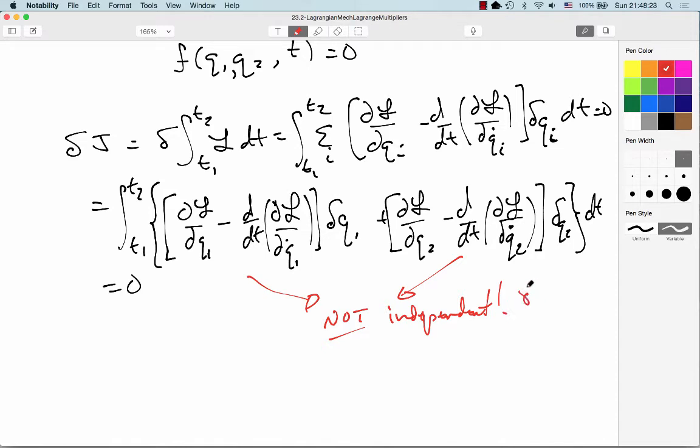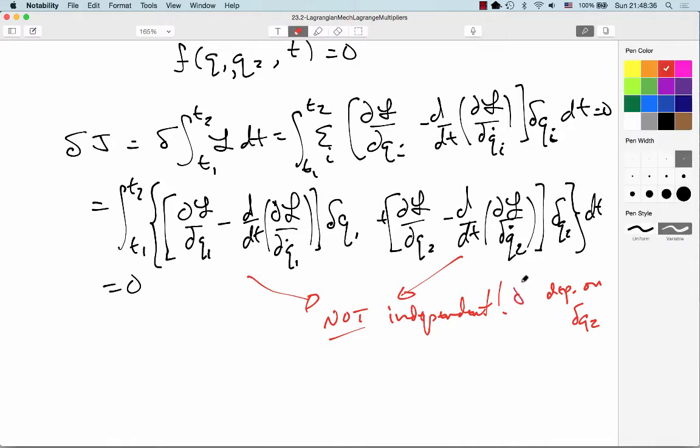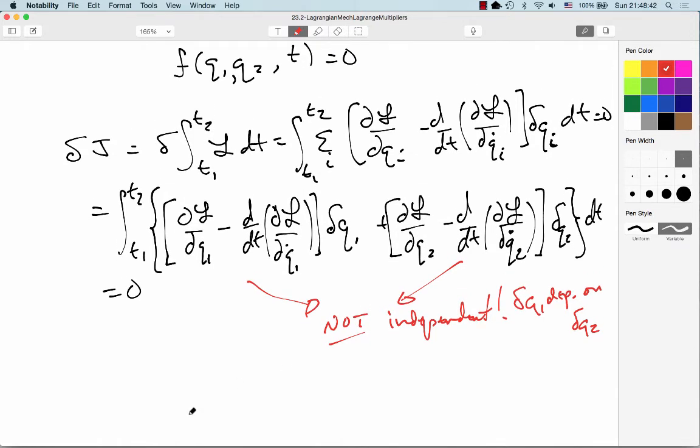Our variation in q1 depends on our variation in q2. The way we get to dodge that is to go back and look at our constraint function.